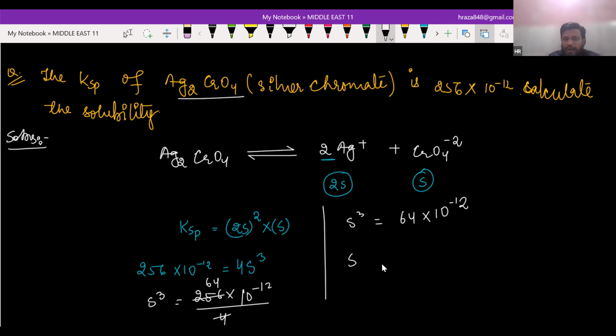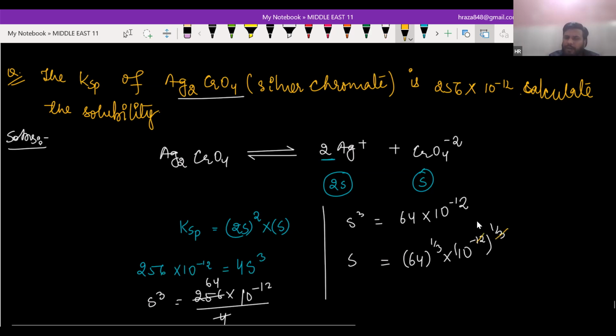You can also write S will be equal to 64 raised to the power 1 by 3 into 10 raised to the power minus 12 raised to the power 1 by 3. This is all maths, exponent and maths.